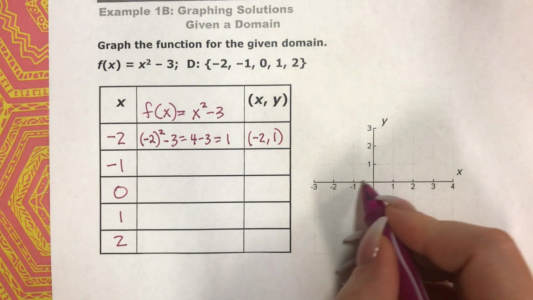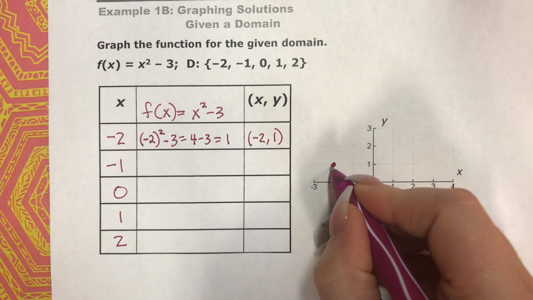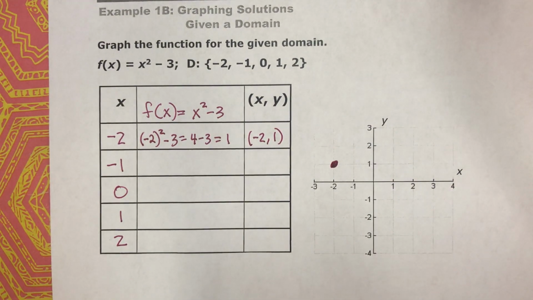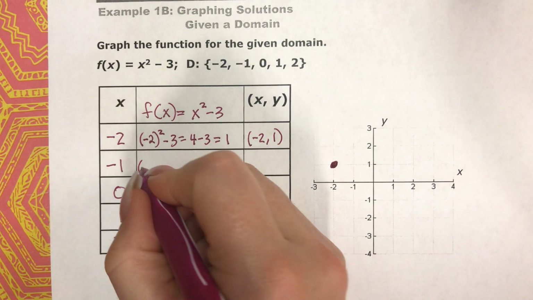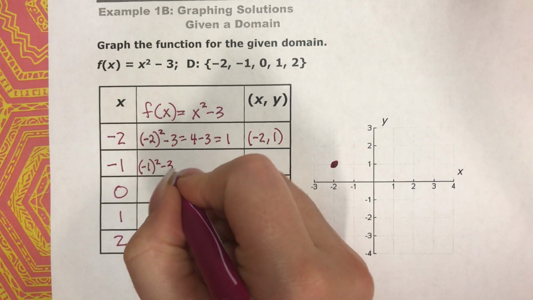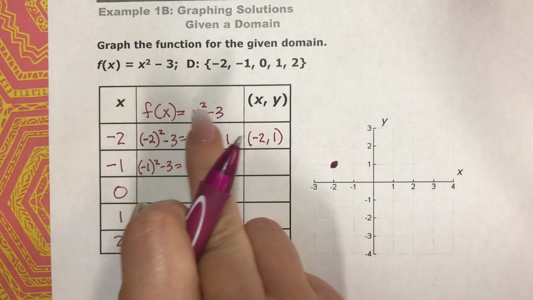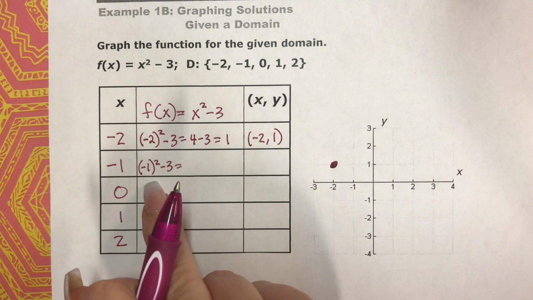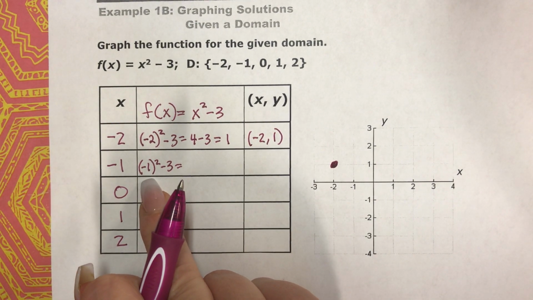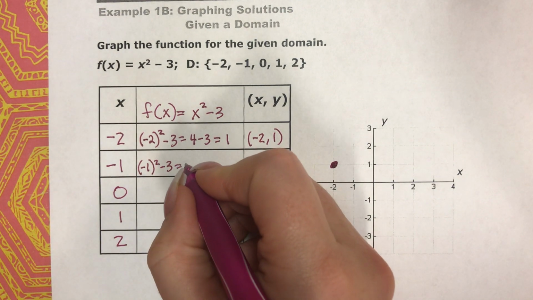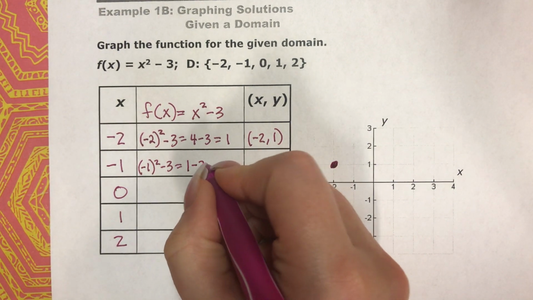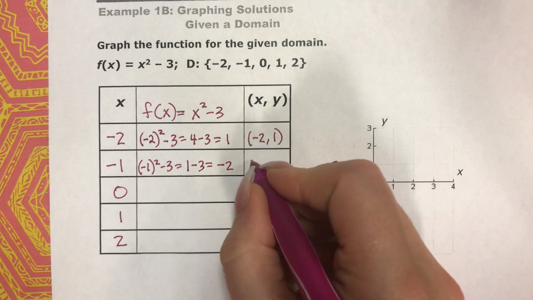All right, and so that's this point, (-2, 1). It's a lovely point. All right, then we're going to do the next one, negative 1 squared minus 3. We just stick the x in here. Negative 1 squared is negative 1 times negative 1, which is a positive 1, minus 3, which is negative 2.